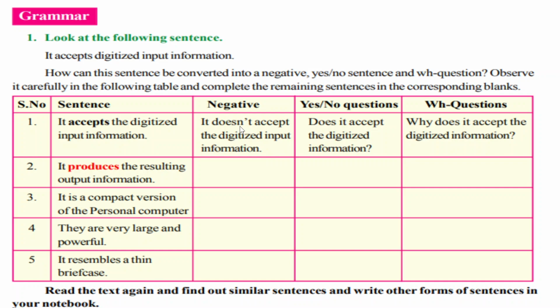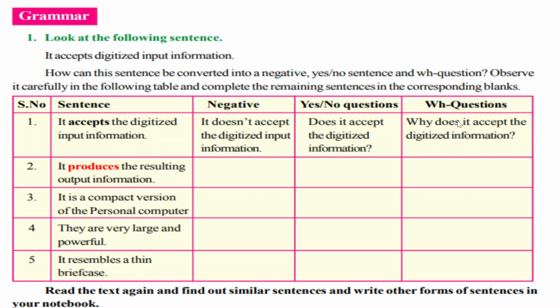For changing this negative statement into a question, I have to bring this does out of the sentence. Look here, does came in front of the it and the not is removed. So, does it accept the digitized information? This is called a yes or no type question. The answer may be yes or no. Then just add a WH word before this so that it becomes a WH question.